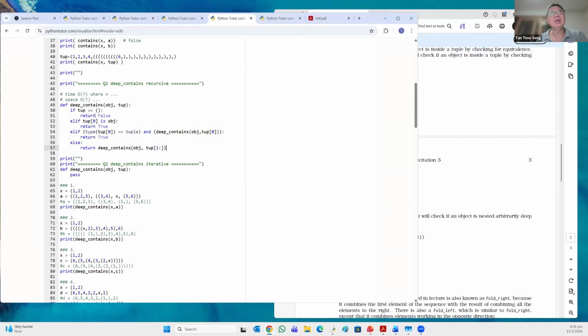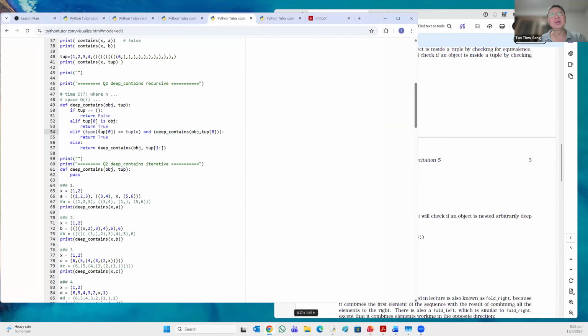If the tuple is empty, then you return false, nothing to check already. Otherwise, you check the first item. Is it the same as the object you're looking at? If yes, then you return true. If no, then you check again. Now you check that the type is a tuple, and you check that the object is in the deep content of the first item.